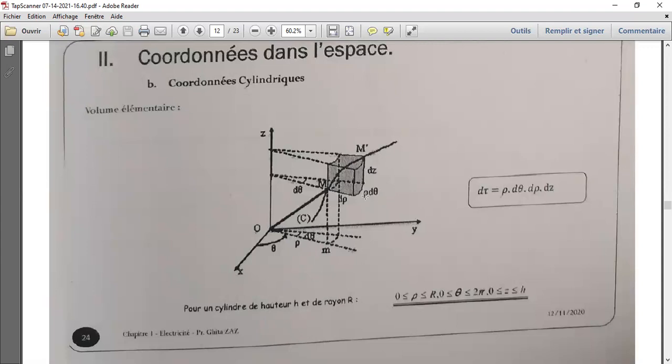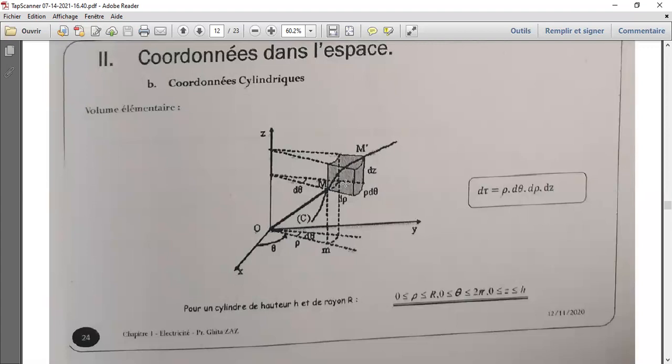What changes is d theta. So from M to J, the angle changes but the radius remains the same. Then from J, you move outside.